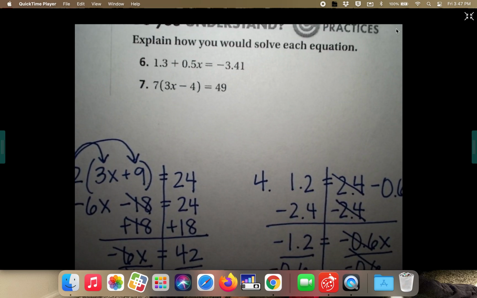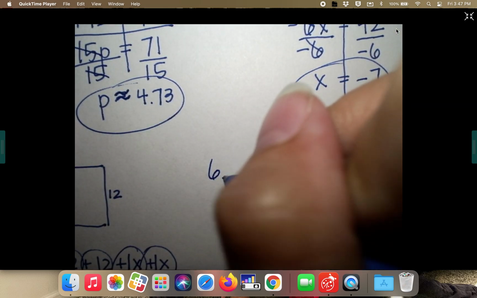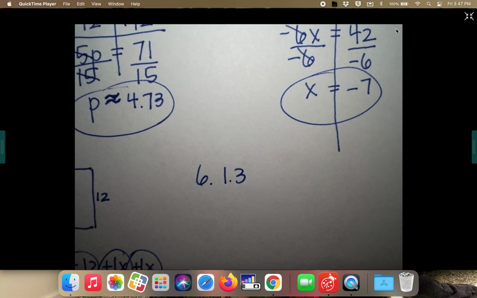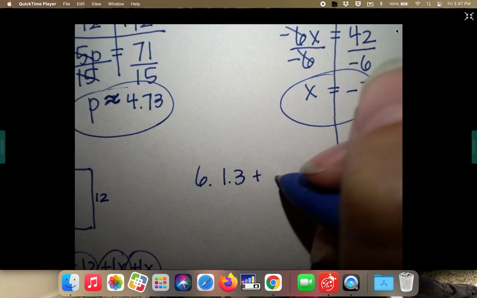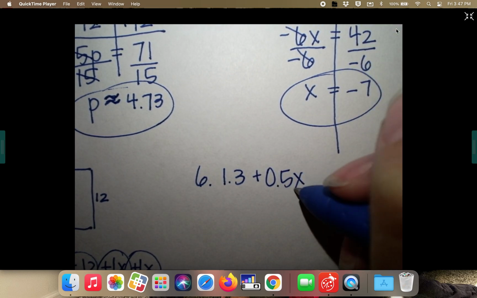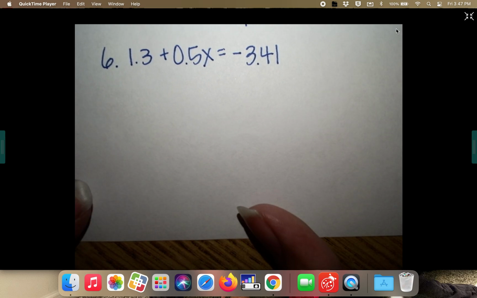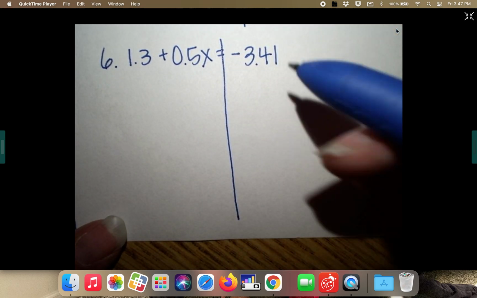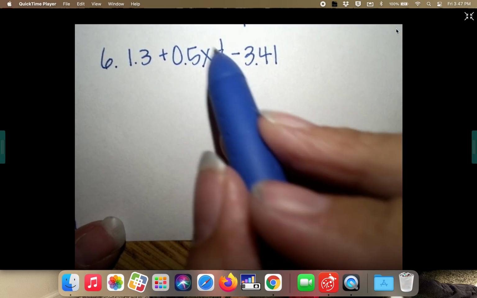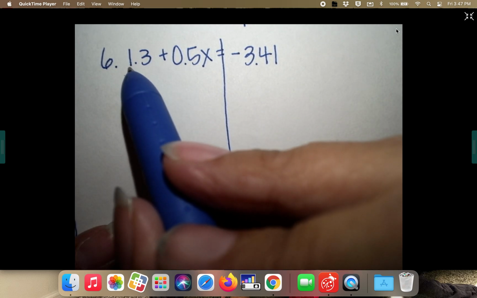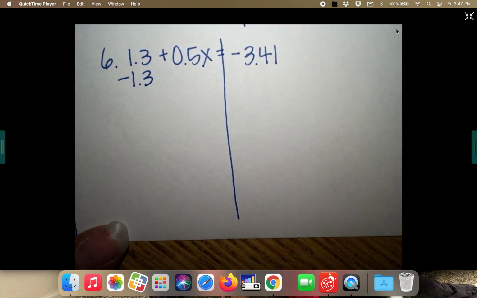So number 6 is 1.3 plus 0.5x equals negative 3.41. All right, so we want to keep the x, the variable, and the number together and get rid of the 1.3. So we are going to subtract 1.3 on both sides.